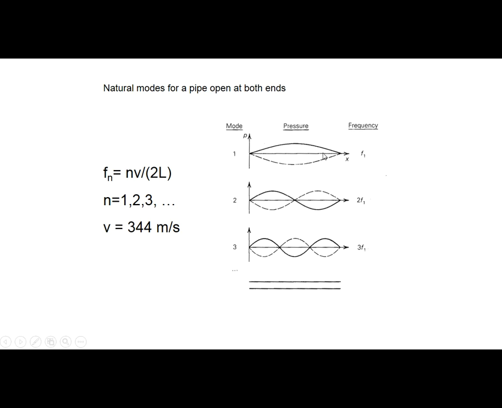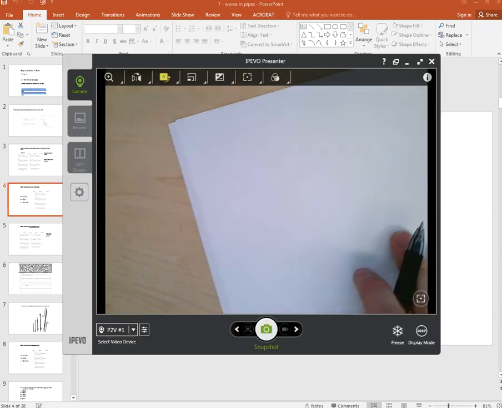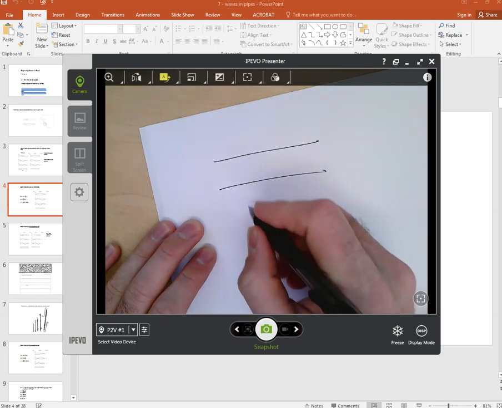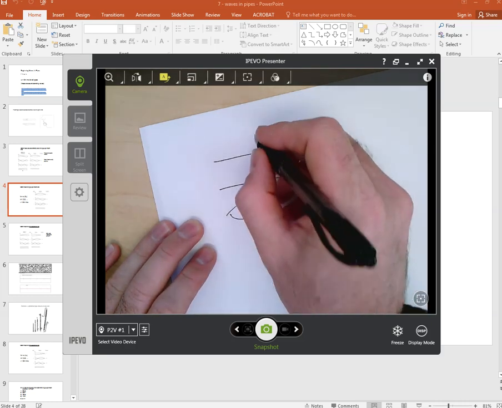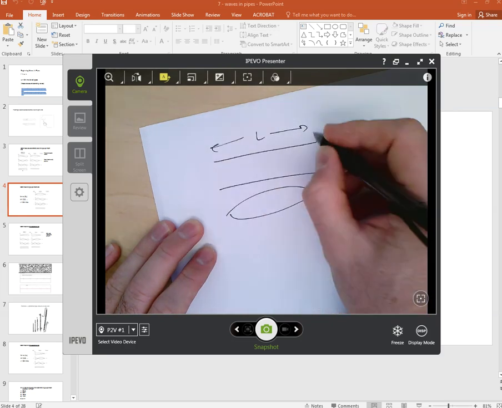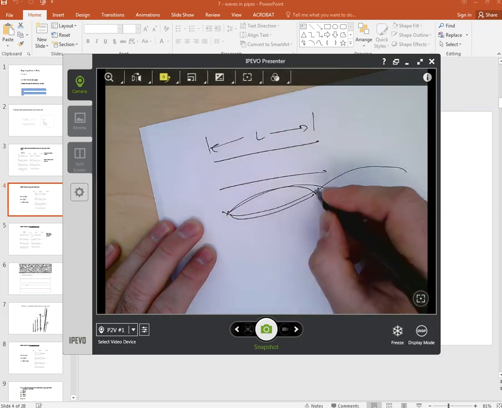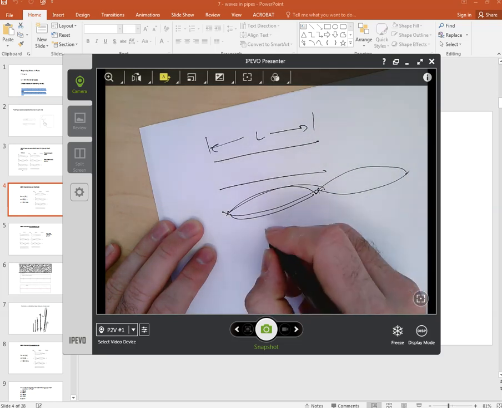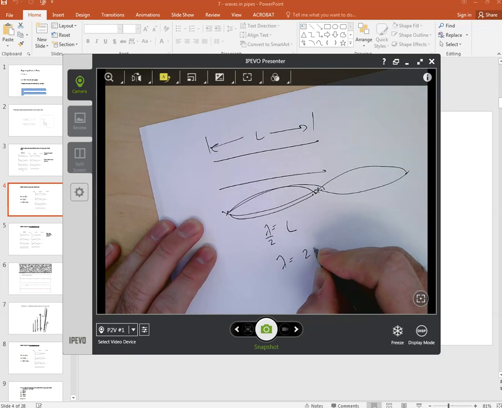So there's one half wavelength, and just to turn to the camera here, if I had a pipe here, and I have one half of a wavelength fitting in this space here, so here's my L. Then if half of a wavelength is equal to L, that means that lambda is equal to 2L.